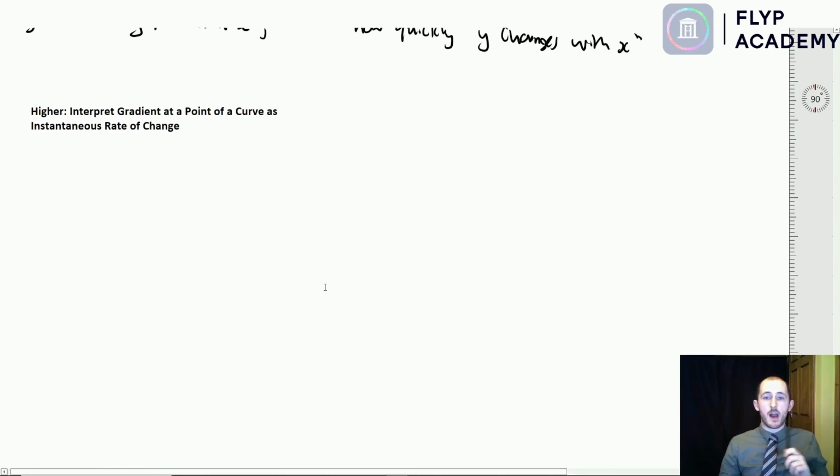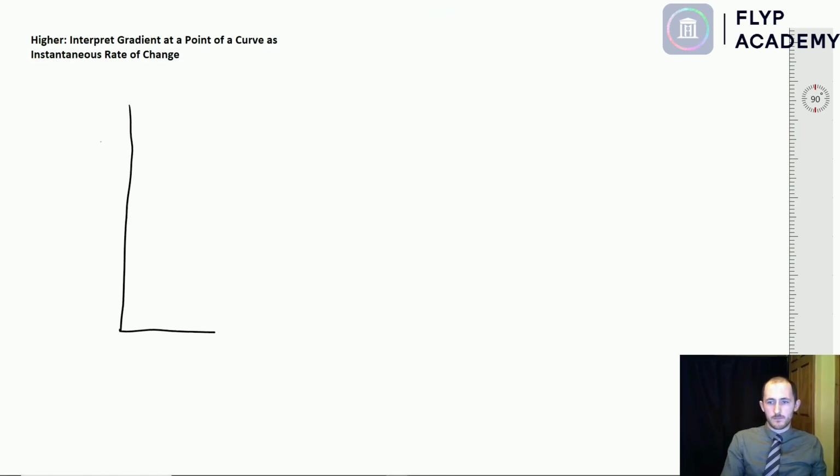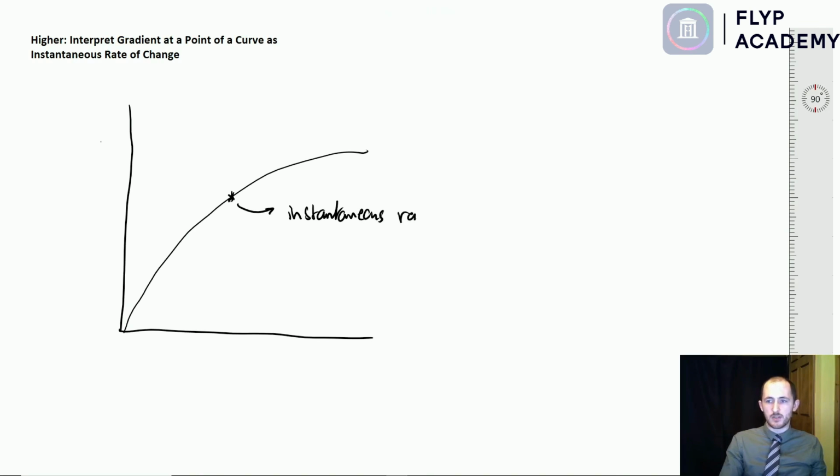Now, if you're doing the higher tier, this is where things get a bit more interesting, because what if you have a curve? Let's say you have something like that. Well, the gradient at a point here is, the only difference is that it's the instantaneous rate of change.